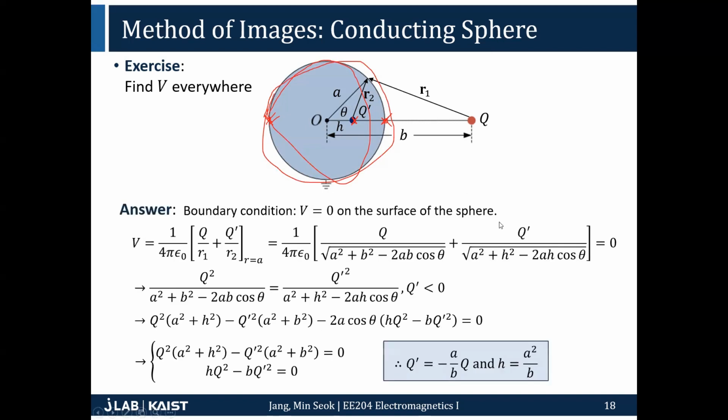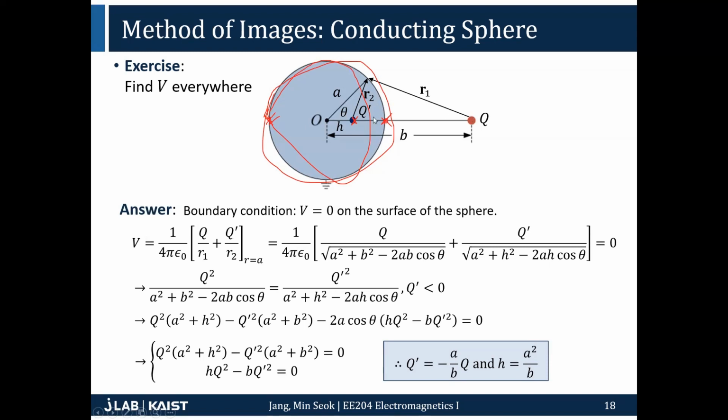Okay, so that's how it works. H becomes A squared divided by B, and Q prime is equal to minus A divided by B times Q. So that's how you put an image charge for a spherical system. And once you do it, the potential is zero on the surface.